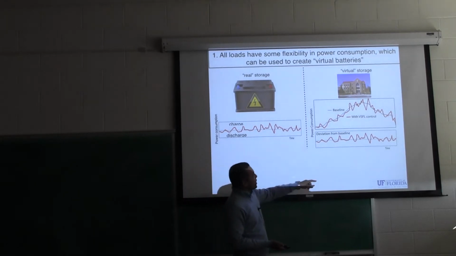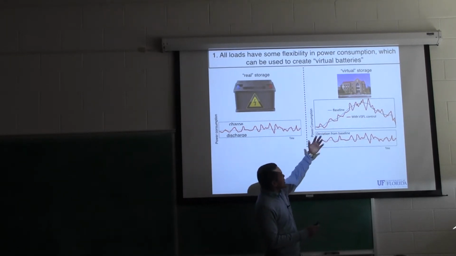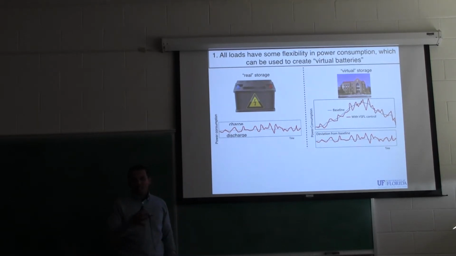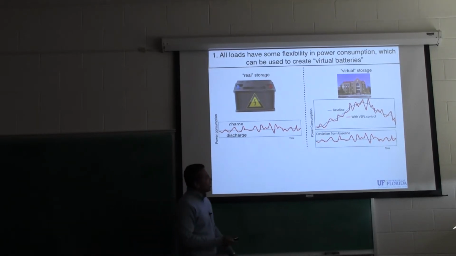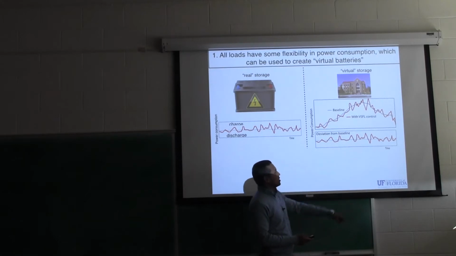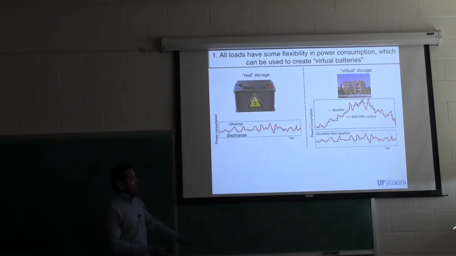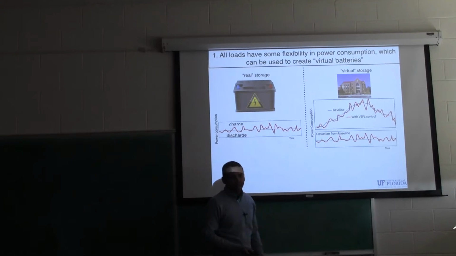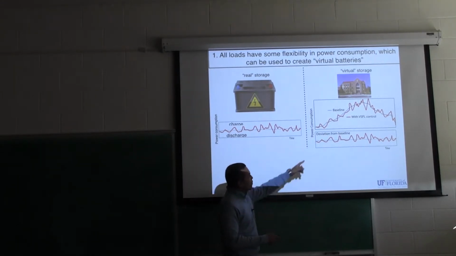We do it so that the difference between this altered consumption minus the baseline, meaning what the load would naturally do otherwise, looks like this. And that's like charging and discharging of a battery. So in effect, from the point of view of the grid, this load is going to act like a battery, because the grid is planning for the baseline.